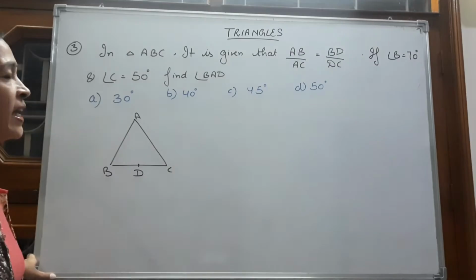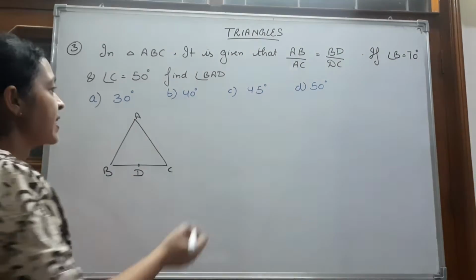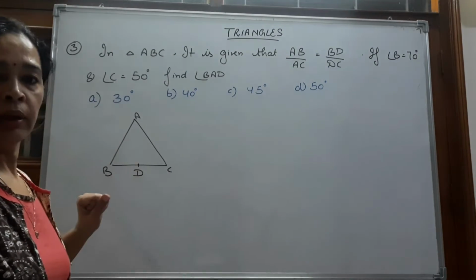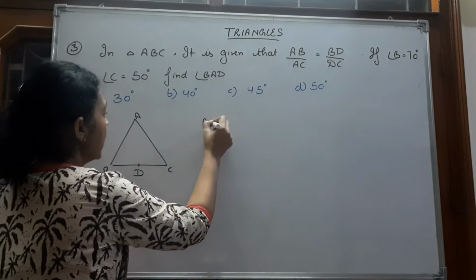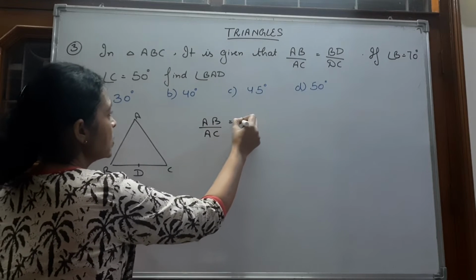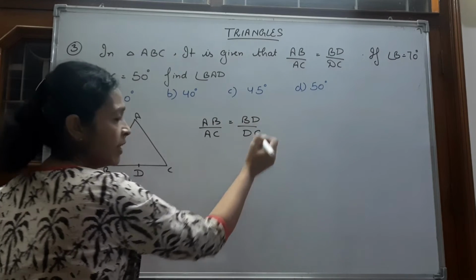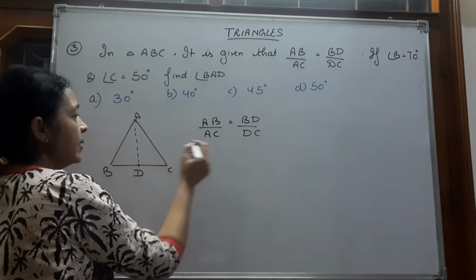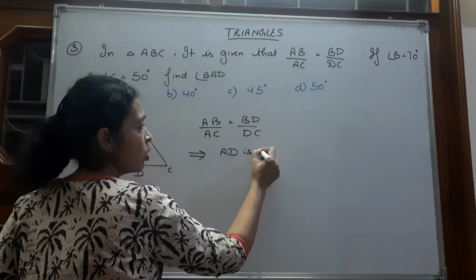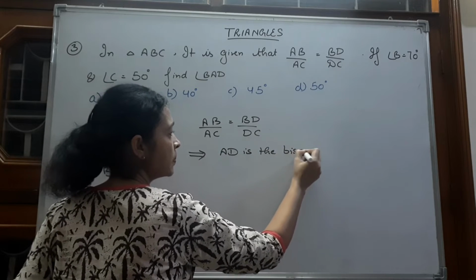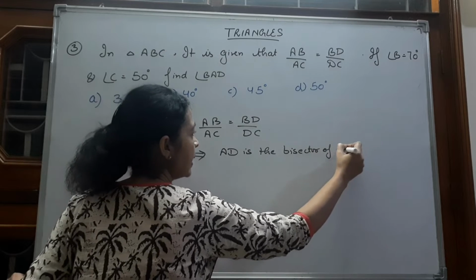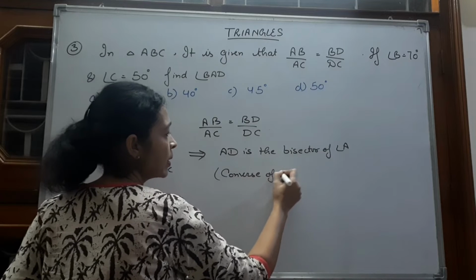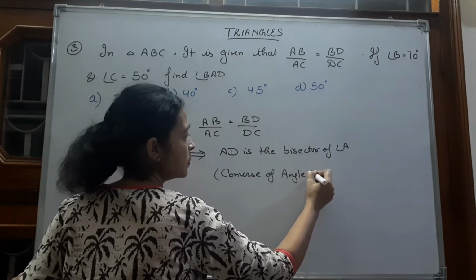So students, as per the converse of the angle bisector theorem, if we have a triangle ABC and D is a point on side BC, and AB upon AC equals BD upon DC, it means this AD is the bisector of angle A, as per the converse of the angle bisector theorem.